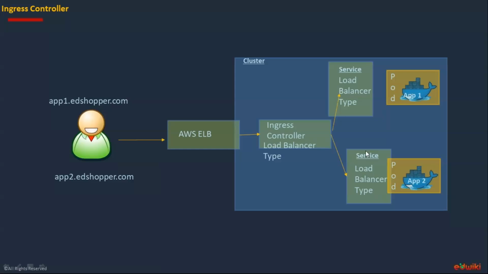And you need to define to the ingress how it can route the traffic to the backend actual services that are routing the traffic to the pods. That means the ingress controller is not routing the traffic to the pods directly. No, it routes the traffic to the services, right? The service will take care of routing the traffic to the actual pods.